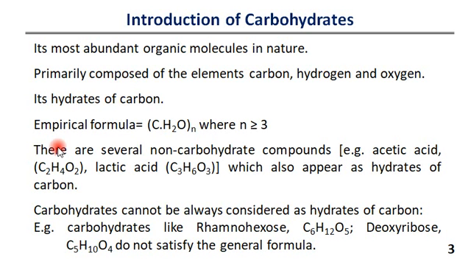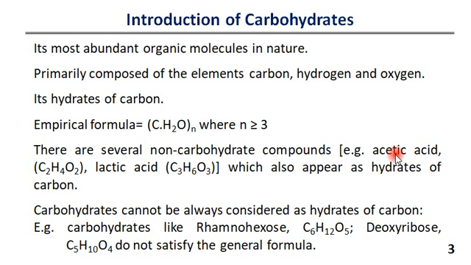The empirical formula of carbohydrate is CH2ON, where N may be equal to 3 or greater than 3. There are several non-carbohydrate compounds which also appear as hydrates of carbon.